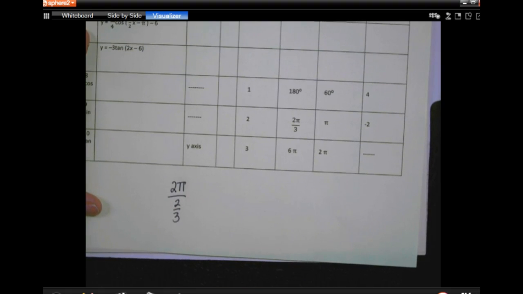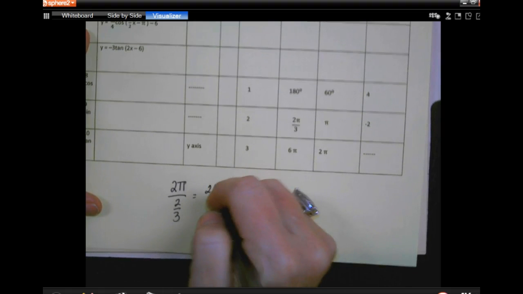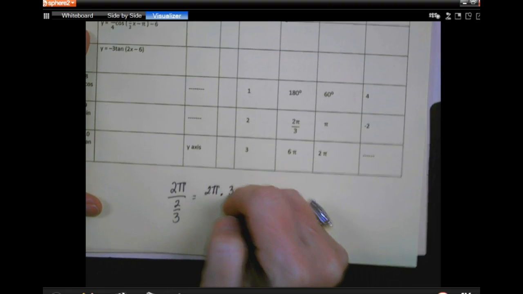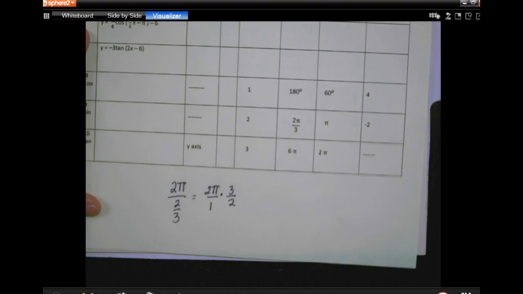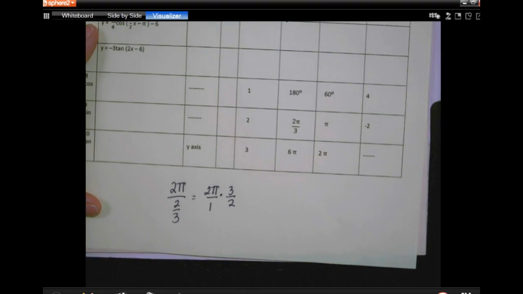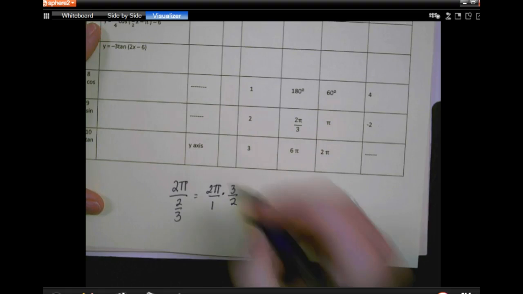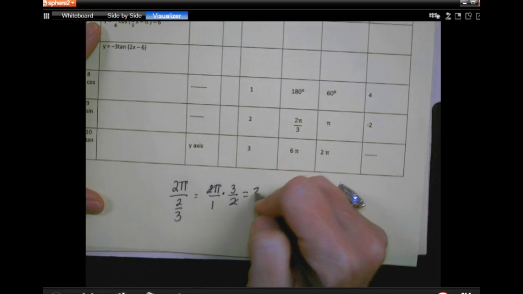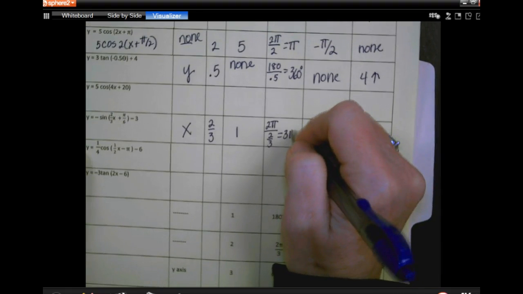When I divide by a fraction, I have to flip it and multiply. So that's going to be 2 pi times 3/2. And if I put a 1 under it, if you need to, what happens to the 2's? It leaves you with 3 pi. So my period is 3 pi.